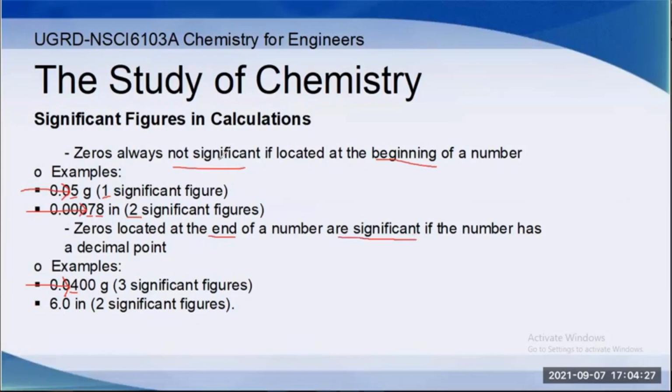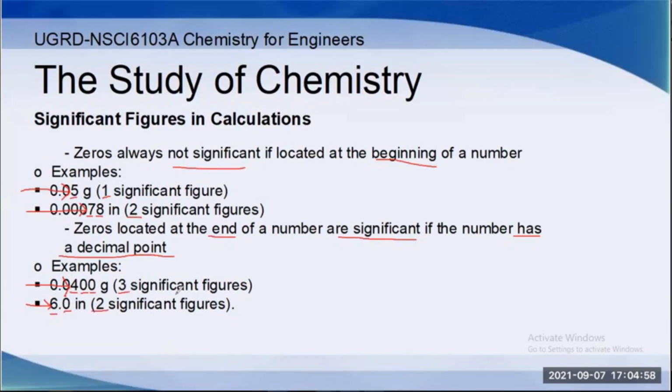The rule before that: zeros at the beginning are not significant. Zeros at the end are significant. So 4, 0, 0, and has a decimal point. This is the most important part. Has a decimal point. Next example is 6.0. 0 at the end, decimal point, significant.